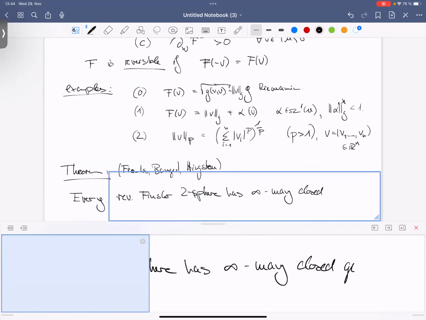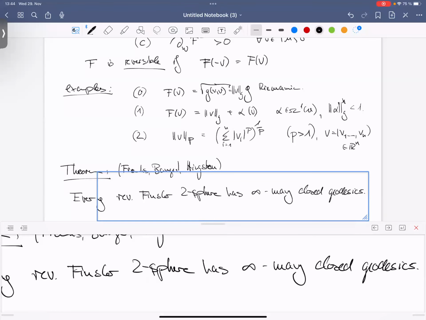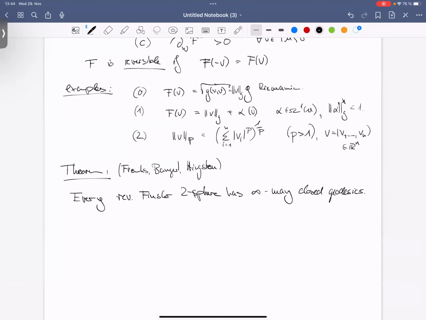So you have to make a difference here between simple closed and closed. But if you're just asking about the classical question of Poincaré for closed geodesics, you will find on every two-sphere infinitely many.